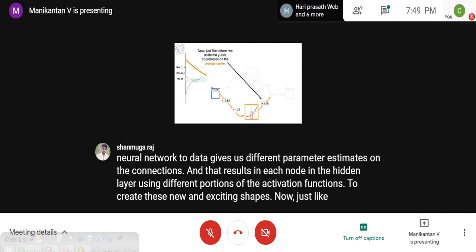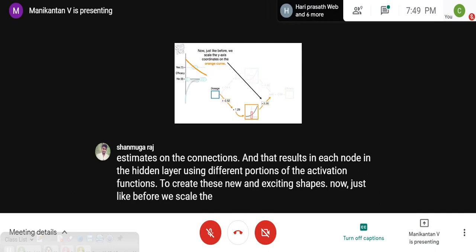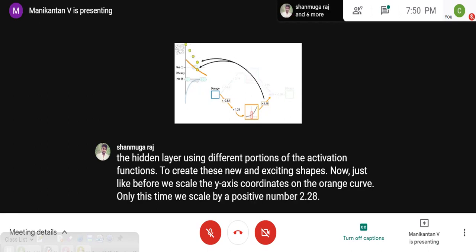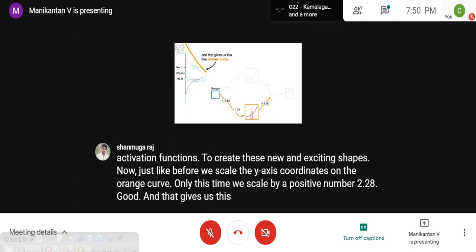Now, just like before, we scale the y-axis coordinates on the orange curve. Only this time, we scale by a positive number, 2.28. Boop, boop, boop. And that gives us this new orange curve.